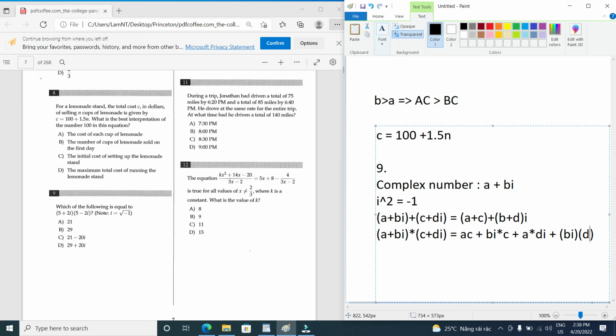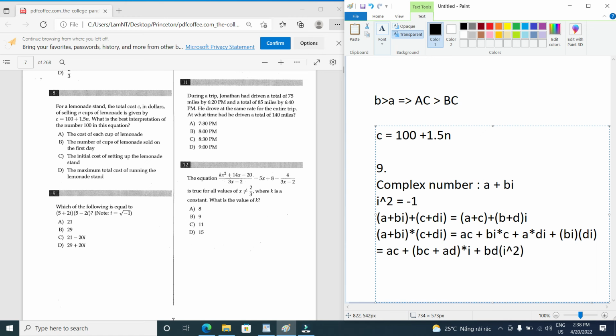So this is going to be equal to ac plus, putting i outside as a common factor, (bc plus ad) times i, and also bd times i squared.